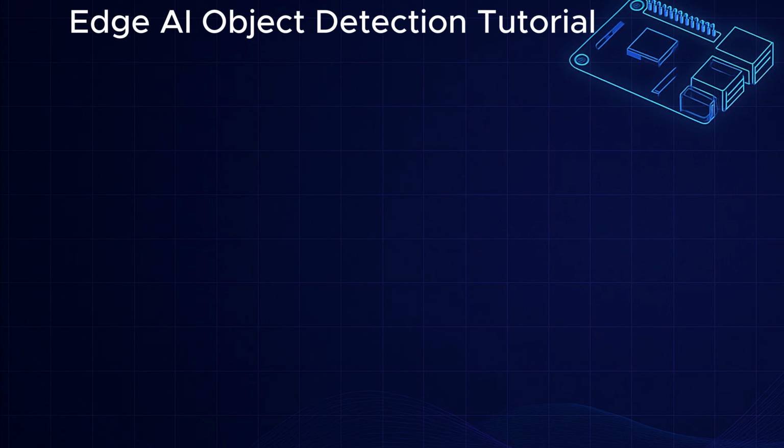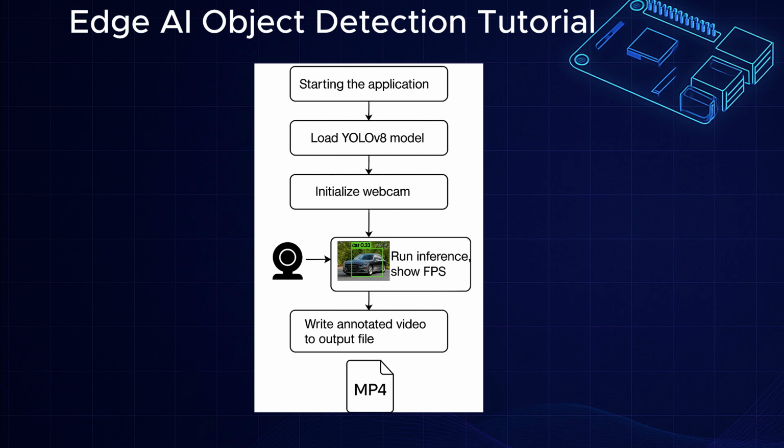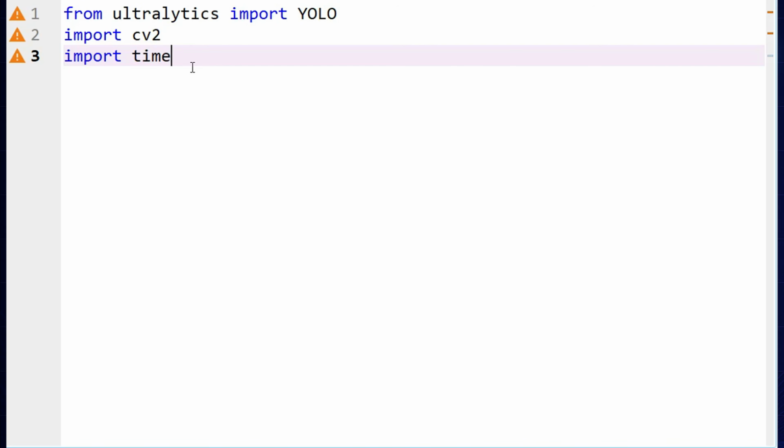The next step was to write up a script that will allow loading the YOLO module and running it, then recording or saving the output of the YOLO into a video. So to start with, I'll just do a print, starting the application.